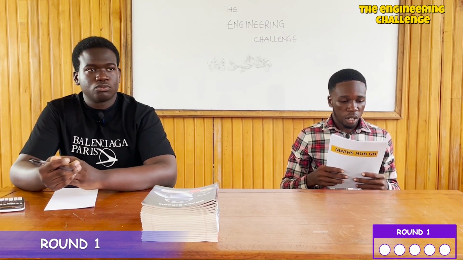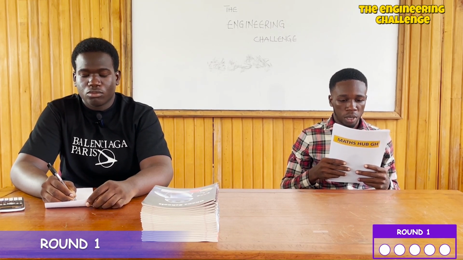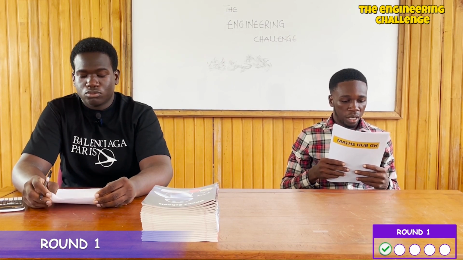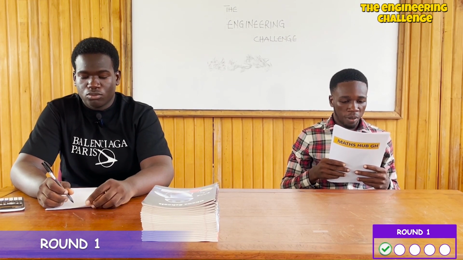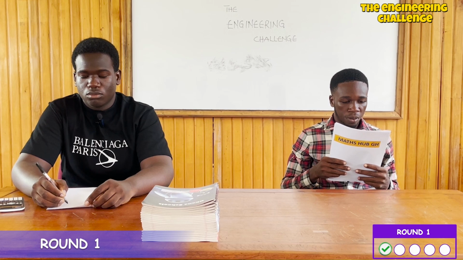Okay. Your first question. In a series circuit with 3 resistors, 2 ohms, 3 ohms, and 5 ohms, what is the total resistance? 10 ohms. Okay, that's correct. The second question. What are the roots of the quadratic equation x squared minus 5x plus 6 equals 0?